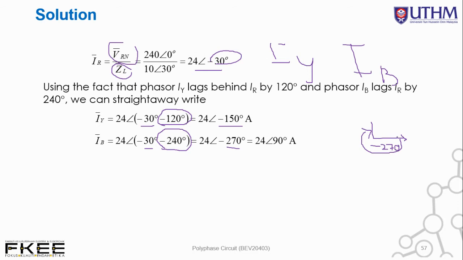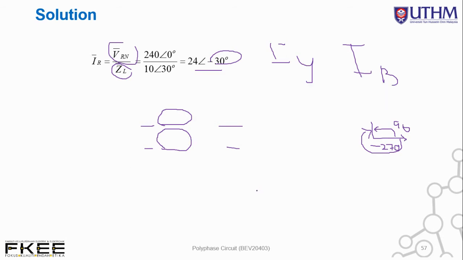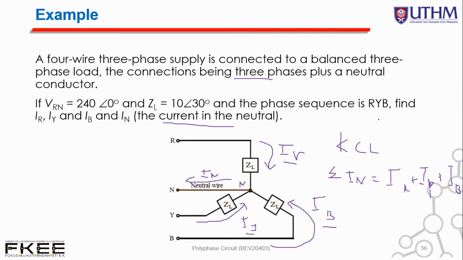So this is 90 degrees, the same thing actually. And then if the neutral current direction is drawn outward from the N node, this is what I mentioned earlier: according to KCL, you are able to come up with this relationship.